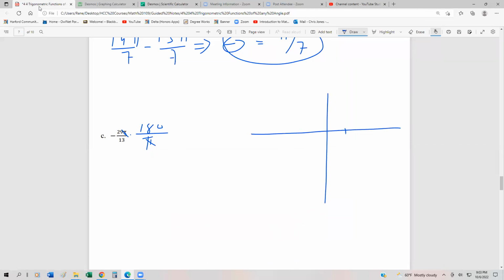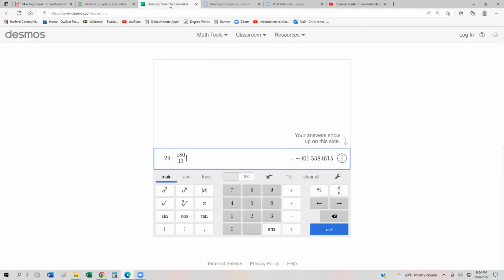So the way I think about this is, we have negative 360 degrees. Remember, we're just trying to figure out the quadrant. We really don't care about the exact angle. From our calculator, this is about negative 401.